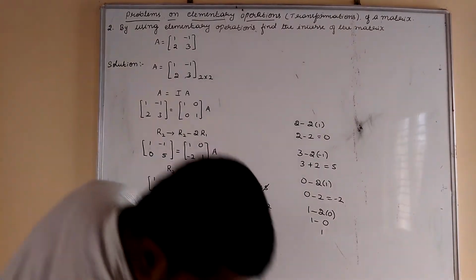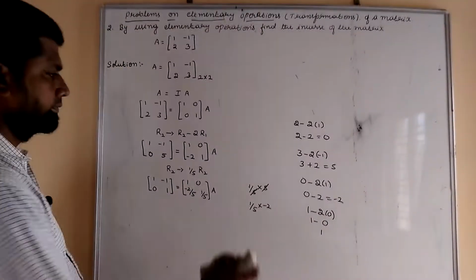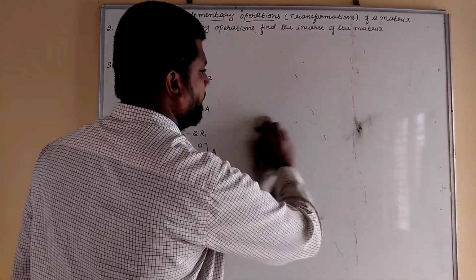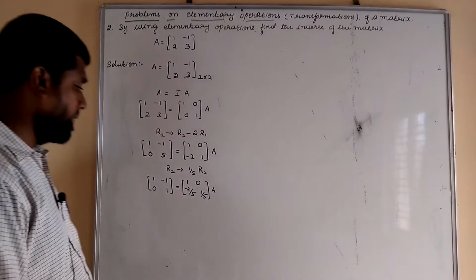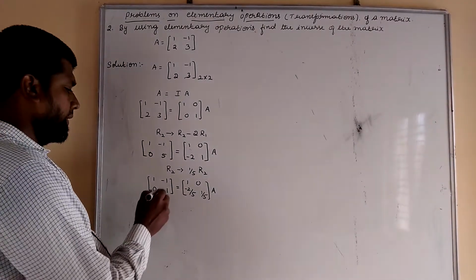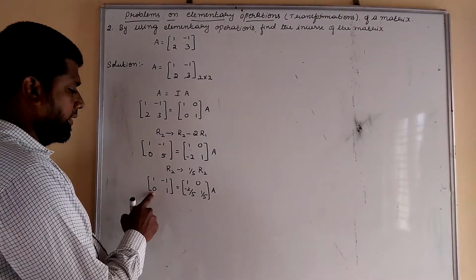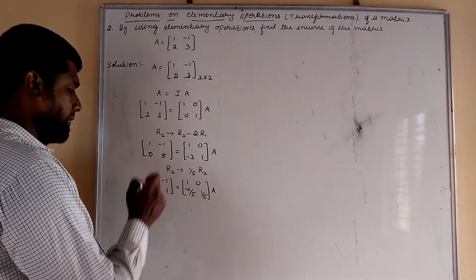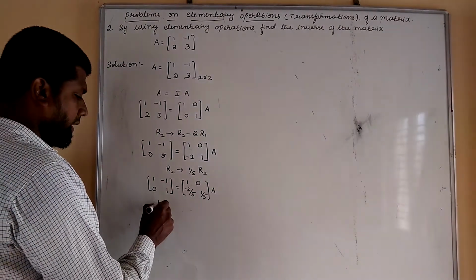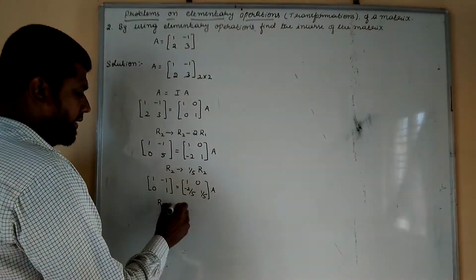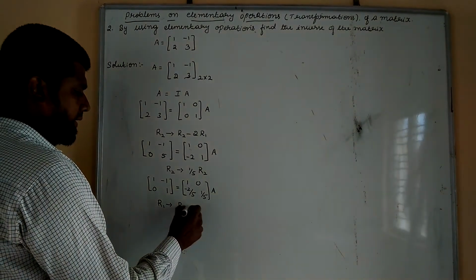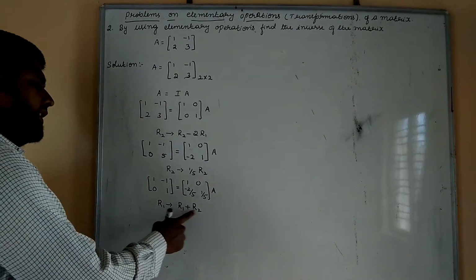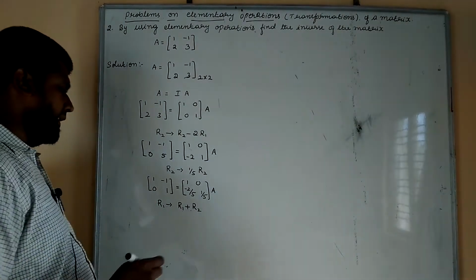Now we got the second row as 0, 1. Now you have to change the minus 1 here to 0. So R1 changes to R1 plus R2. If you add R1 with R2, what will you get? Let us see.